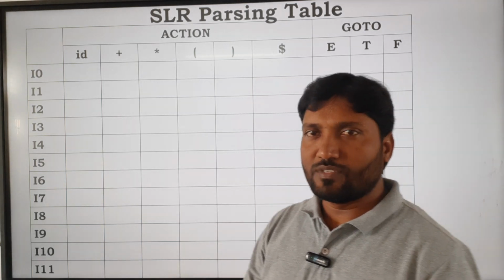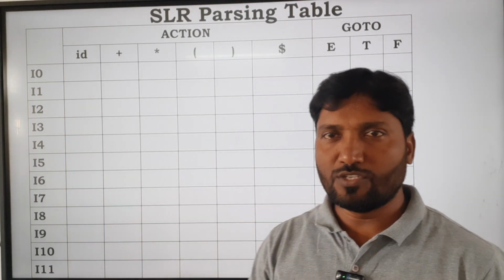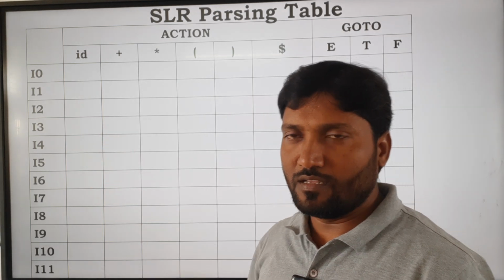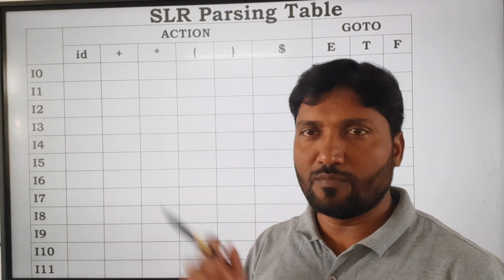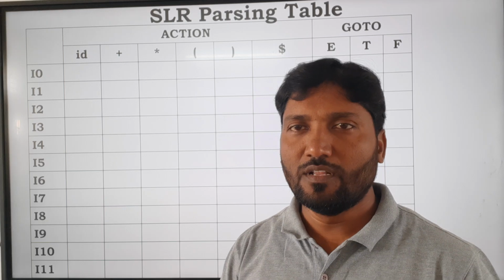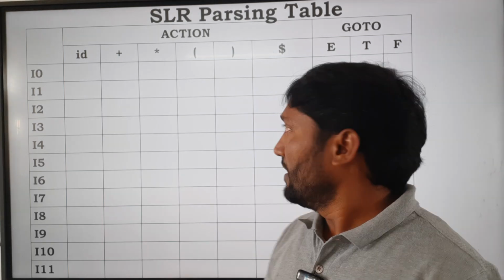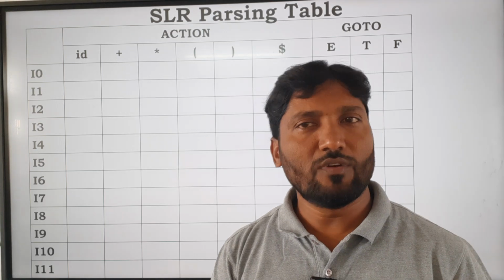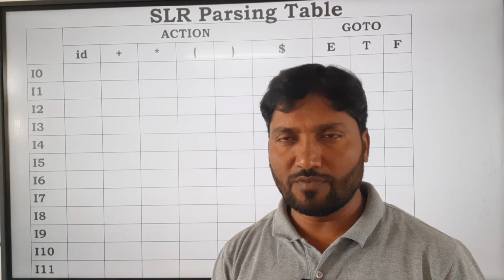In the previous video we generated 0 to 11 canonical sets of items, and those are placed on the left-hand side. The terminal symbols in the given context-free grammar are filled in the action table. So, the action table can be filled with only shift and reduce functions.